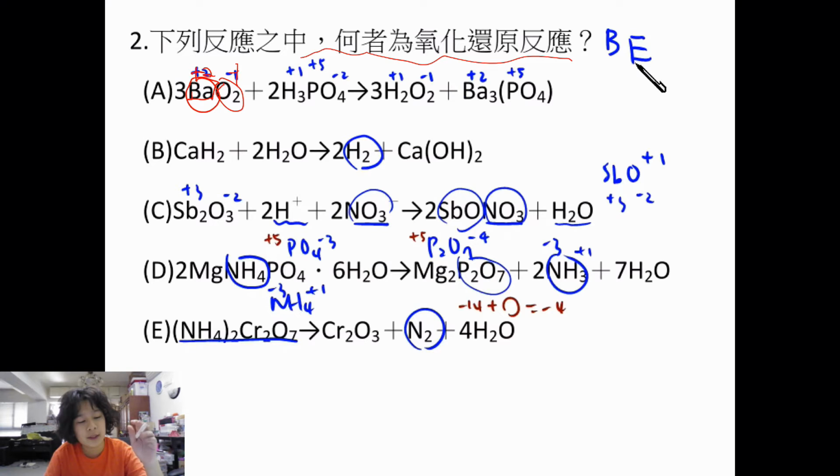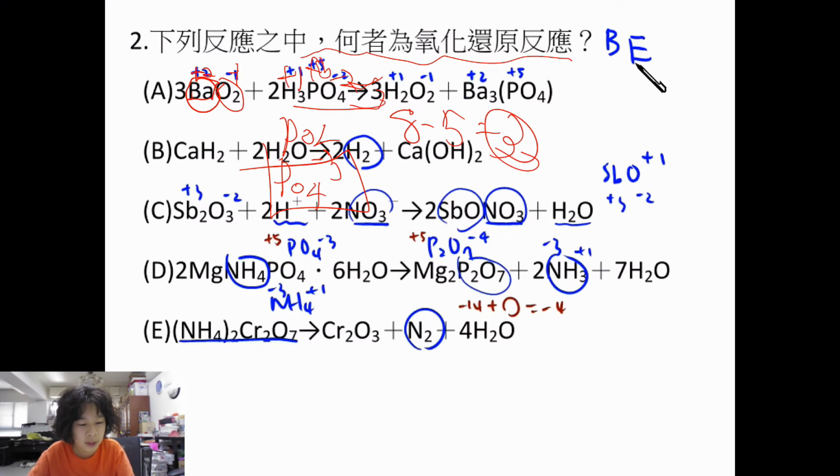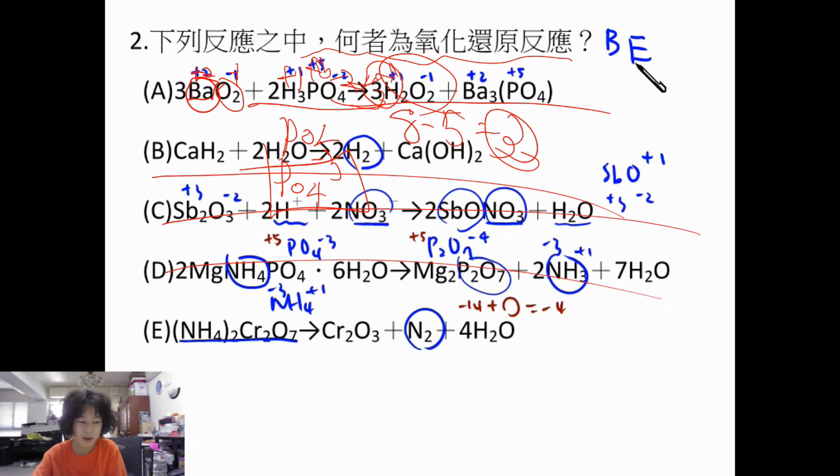PO4 has a -3 charge, so with O at -2, 4 times 2 is 8, minus 5 is 3, so P is +5. H is +1 and O is -2. You can write all of that out, and then you find that Ba and P have changed, and the others don't.